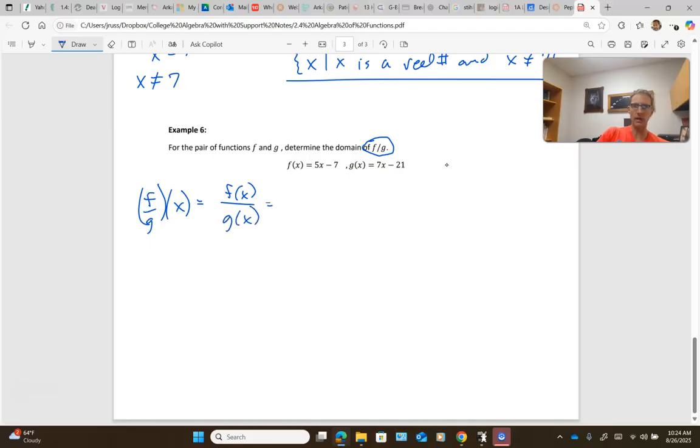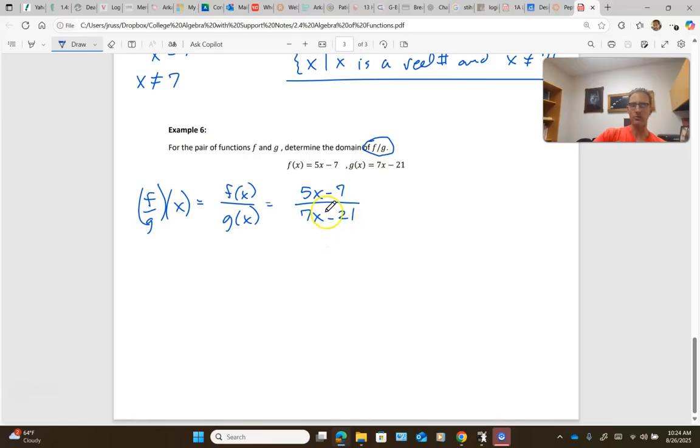So you're just going to write it out. f of x is 5x minus 7 over g of x, which is 7x minus 21. So this would be the resultant function right here. So now, just looking at this, we can tell the domain's not going to be all real numbers because there's an x in the denominator. And so consequently, we will have a restriction on the domain.